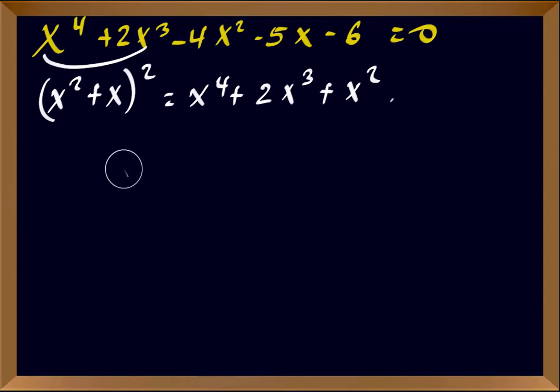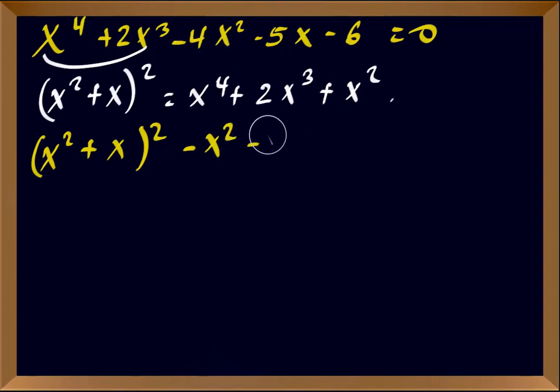This term is missing the x squared, so we are going to subtract x squared from this power. So we say x squared from the original equation plus x squared now minus x squared, to remove the x squared here, and then minus 4x squared minus 5x minus 6 is equal to 0.